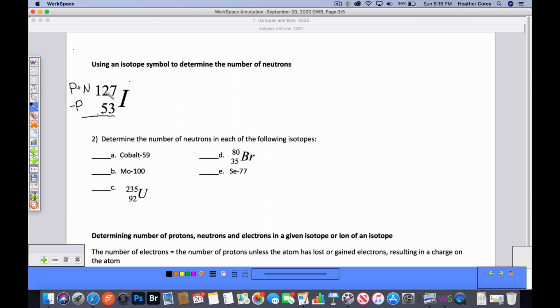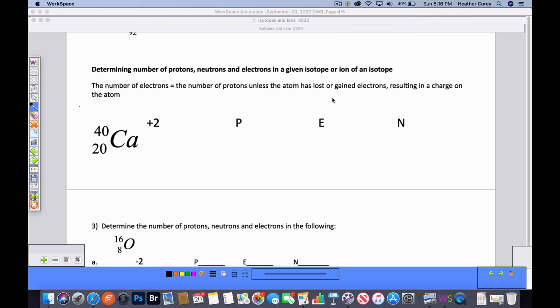In this case, when I subtract 127 minus 53, that gives me 74. That means that this isotope of iodine has 74 neutrons. Okay, so that's how you find the number of neutrons. In number 2, I want you to try 5 different examples where you are going to subtract to find the number of neutrons.